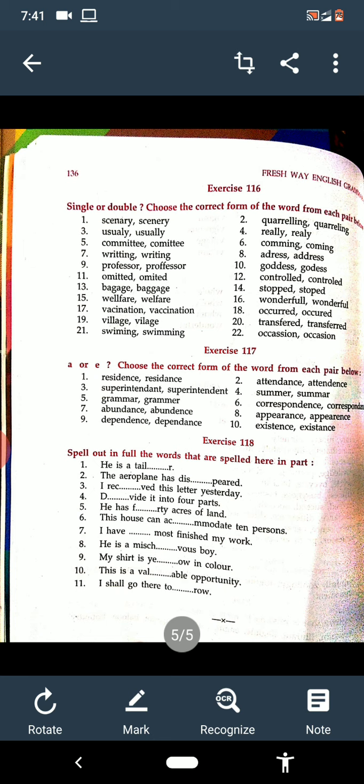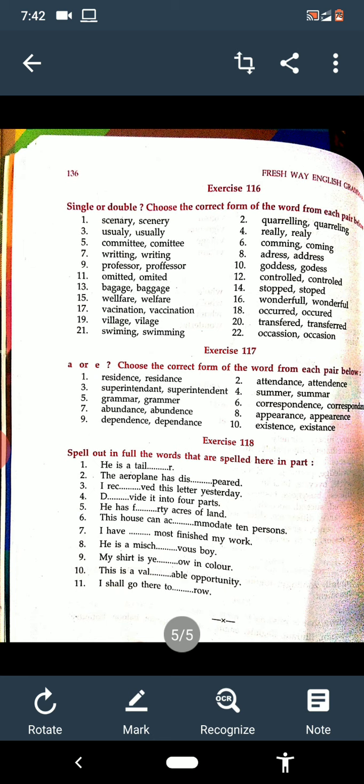Committee, C-O-M-M-I-T-T-E-E. Writing, W-R-I-T-I-N-G. Professor, P-R-O-F-E-S-S-O-R. Okay, you can do in this way. Then same exercise 117. It is also A or E. Choose the correct form of the word from each pair below.